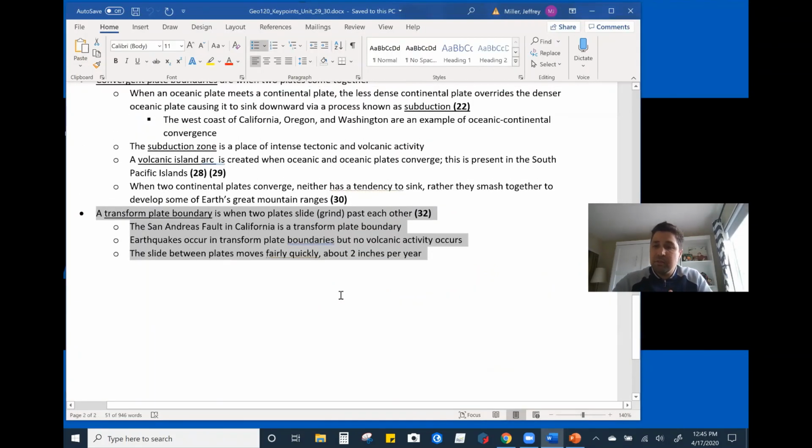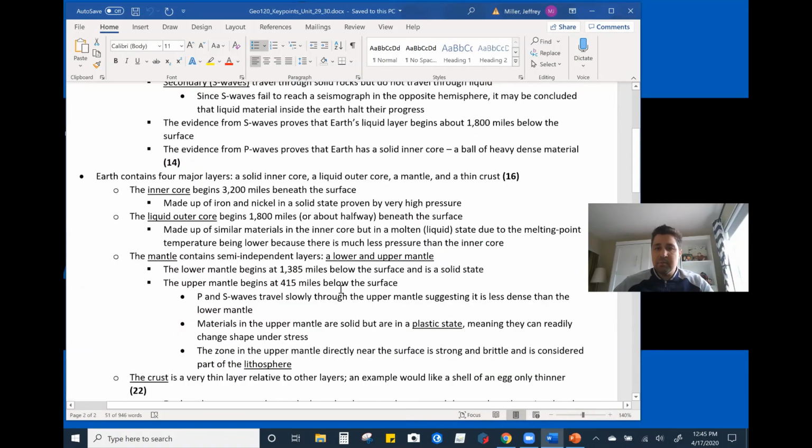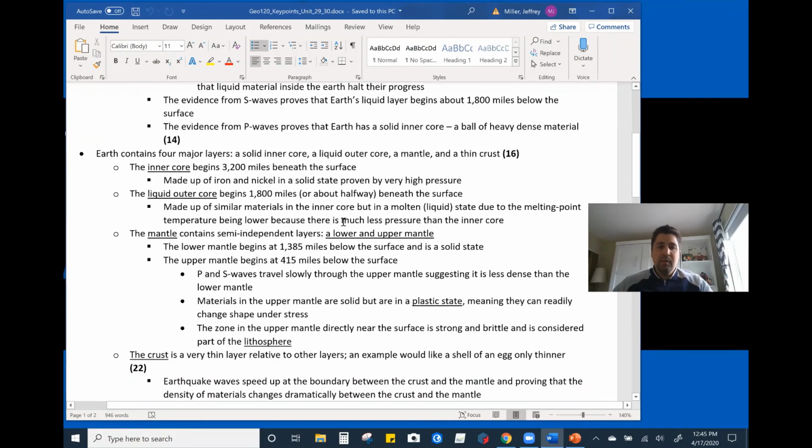All right, that's going to do it for both 29 and 30. Unless otherwise stated, there are 2 separate quizzes on this, so you might need to go back and watch it in 2 different phases, whatever is up to you. For 29, we talked about the interior of the Earth, the different waves that result from earthquakes, and how we come to those conclusions.